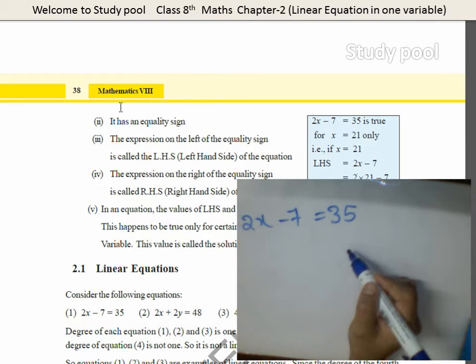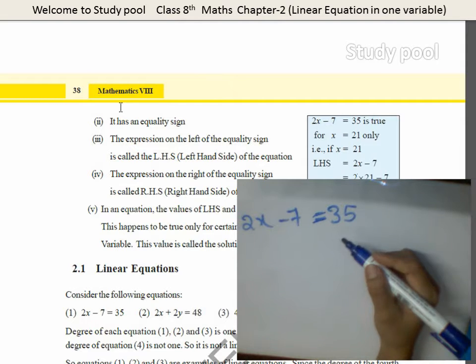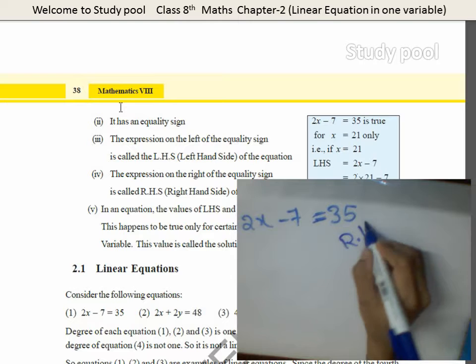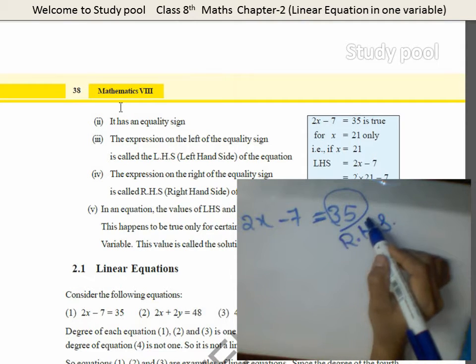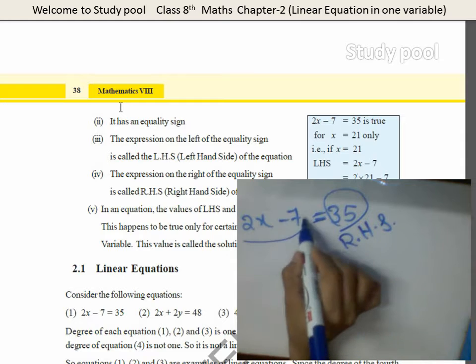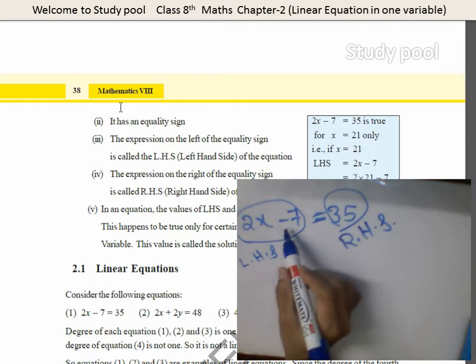In a linear equation, whatever is there at your right hand side is called the RHS. So 35 is the RHS. Now what is there at your left hand side? 2x minus 7.